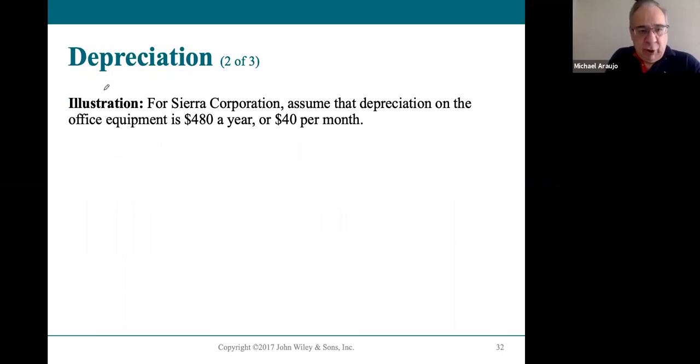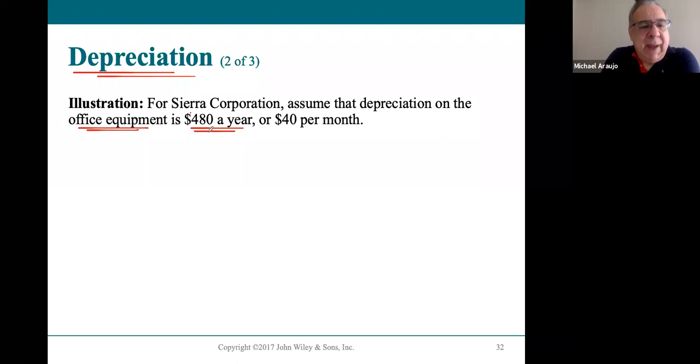So the good thing is you don't have to calculate depreciation here in chapter 4. You'll be doing that later in chapter 9 in Accounting 102. So that's the good news. So they're going to give you the depreciation on an annual basis. So in this case, Sierra Corporation has a bunch of office equipment, and they have calculated, they've given you the information that it's $480 of depreciation per year.